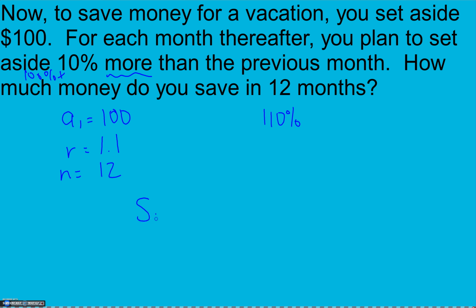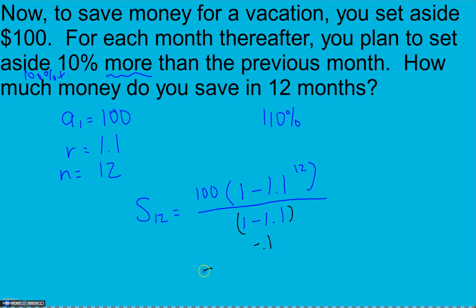So our sum for 12 months is going to be our first term times 1 minus our rate raised to the 12th power divided by 1 minus our rate. Again, go ahead and simplify or put parentheses in here, but again, you'll get negative 0.1.